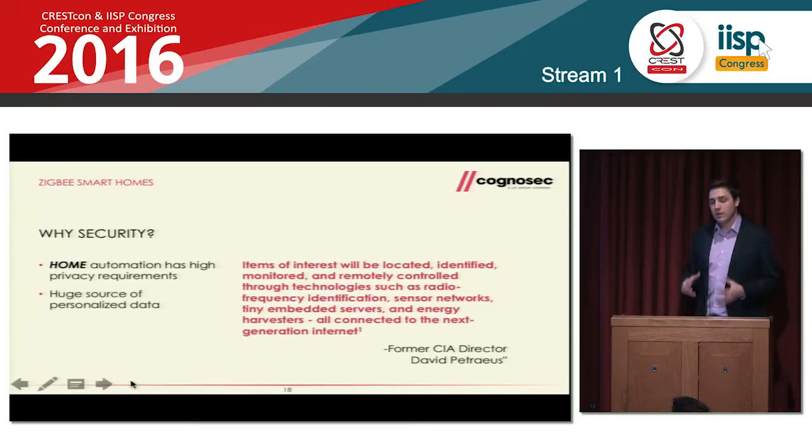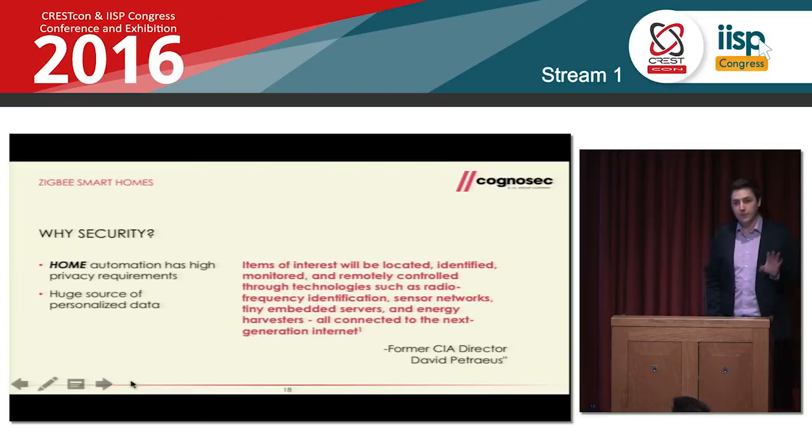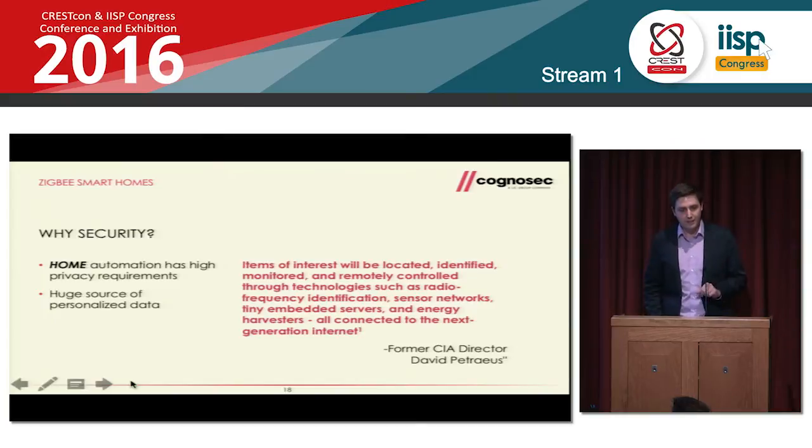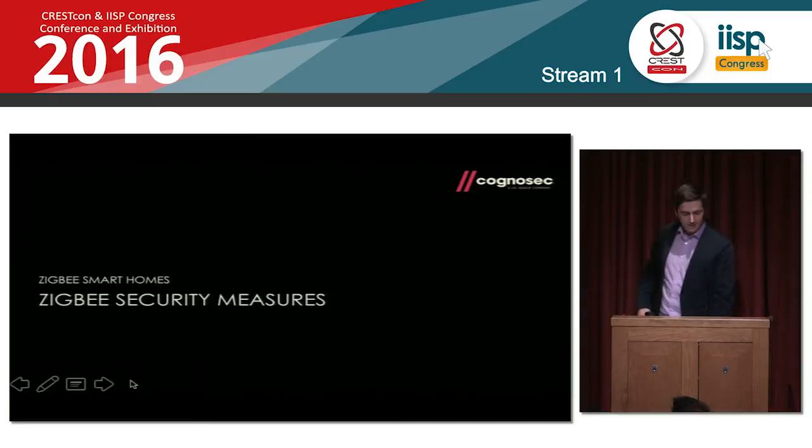So there is an interest not only by criminals in monitoring IoT devices. This is just one quote. I think two weeks ago, a very high CIA employee also said some very similar words. So the Americans are interested in IoT technology as well, and they see a huge benefit for them.